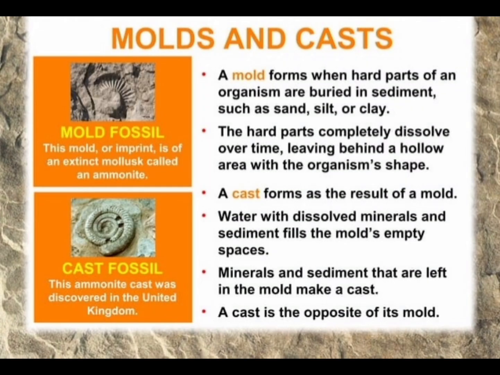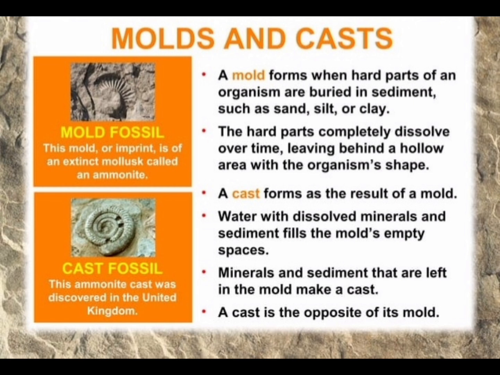The second type of fossil is molds and casts. A mold forms when hard parts of an organism are buried in sediment, such as sand, silt, or clay. The hard parts completely dissolve over time, leaving behind a hollow area with the organism's shape. A cast forms as the result of a mold.